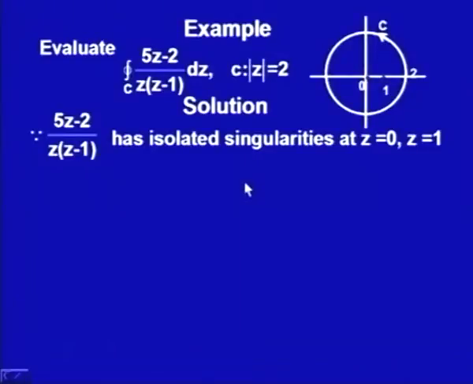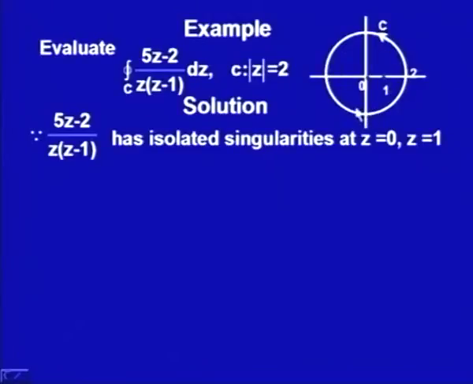Now, let us see where these singularities are lying with respect to the given contour. 0 is the center and 1 is certainly inside the circle |z| = 2. So both the singularities lie interior to the given contour.